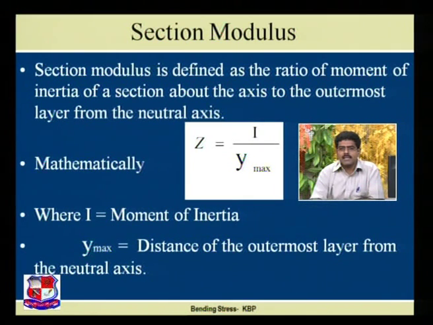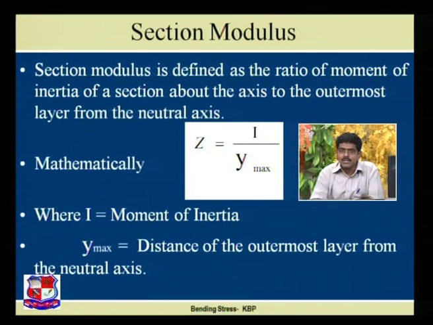Section modulus is defined as the ratio of moment of inertia of a section about the axis to the outermost layer from the neutral axis. That means Z is equal to I by Y max.